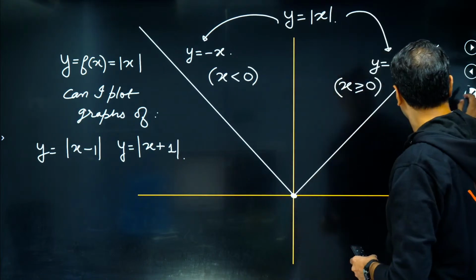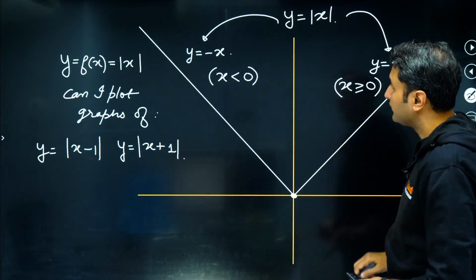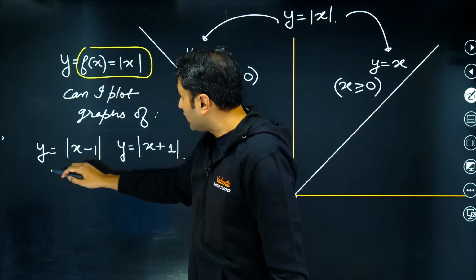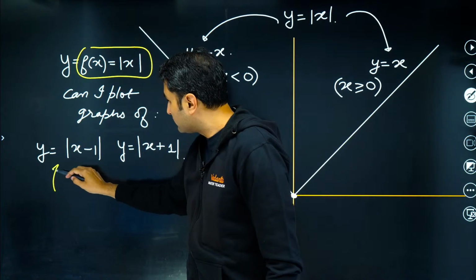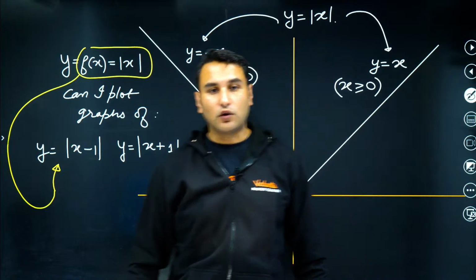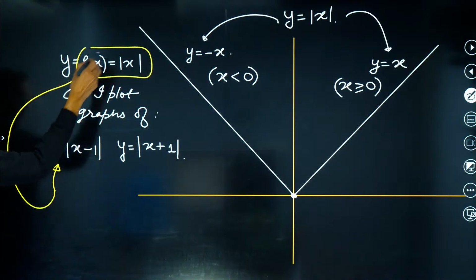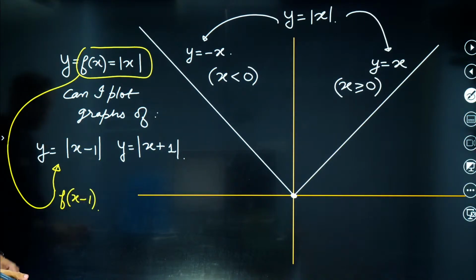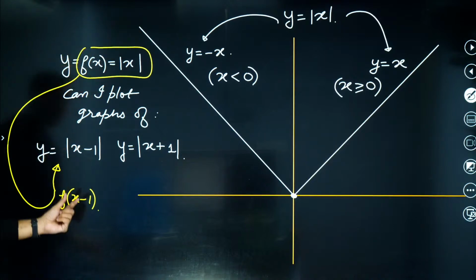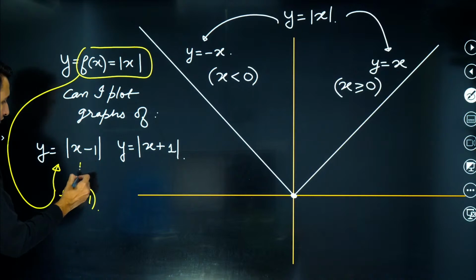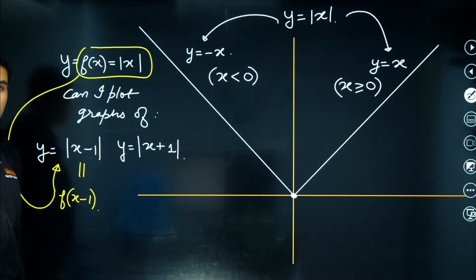You can also understand this as, if f of x is mod x, what you've actually written is f of x minus 1. Just in the place of x, you have written x minus 1, which will give you mod of x minus 1.